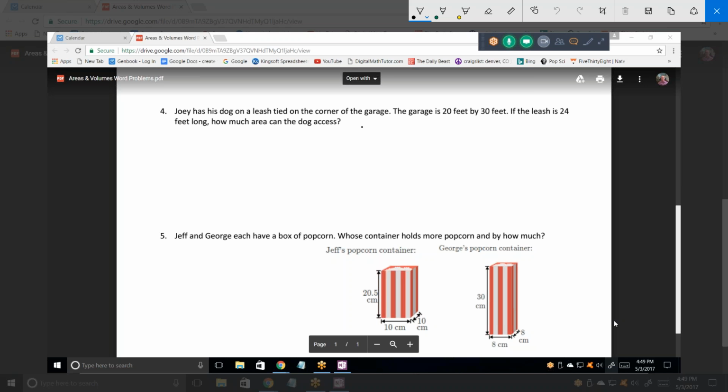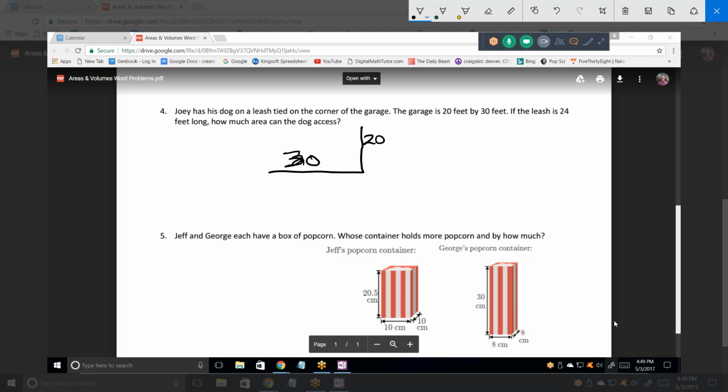So let's do that. Here's the corner of the garage, right? And he's got a dog on a leash. The garage is 20 by 30. We'll make that side 20, and this side 30.